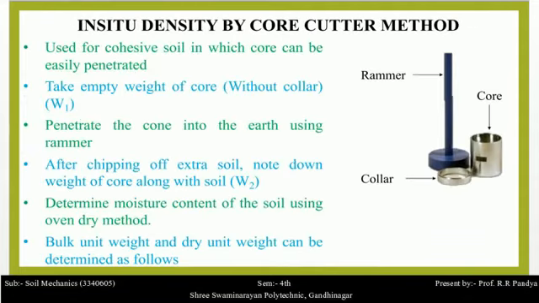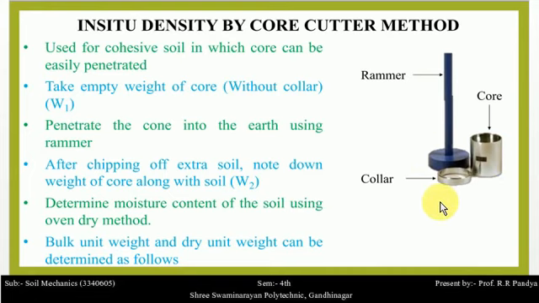Now, to find out the bulk density of soil at the in situ site, we can use the instrument named a core cutter. So let's take a look at the core cutter method. In the core cutter method, we have to use three components which are given in the figure.